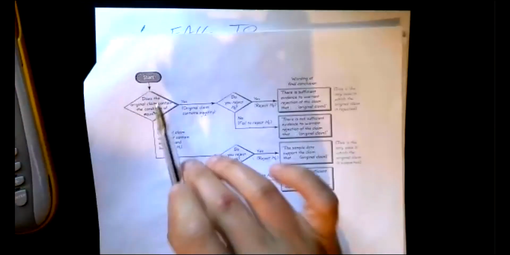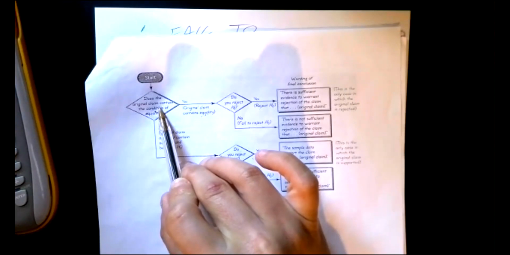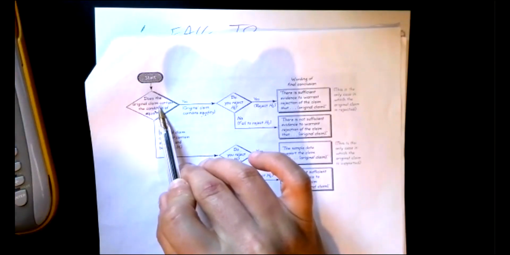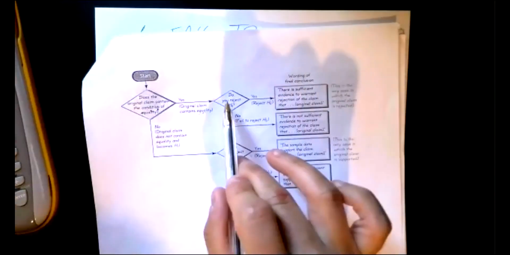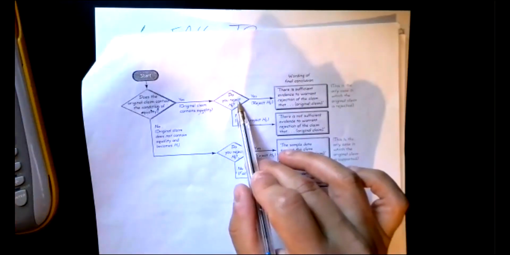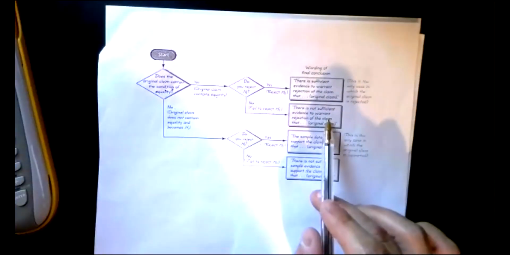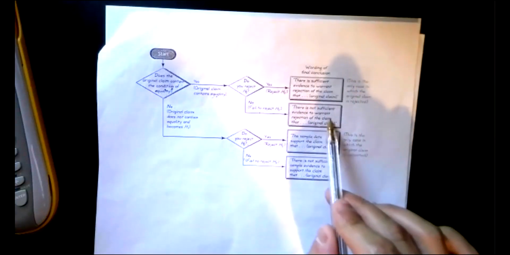For the conclusion, does the original claim contain the condition of equality? Yes, it does. Do you reject the null hypothesis? No, fail to reject. There's not sufficient evidence to warrant rejection of the claim.